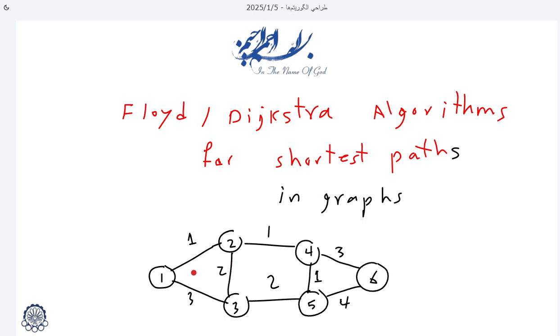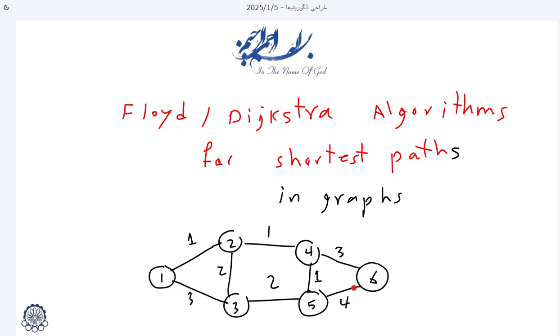its edges is minimum. For example, in this sample, we can go from node 1 to node 6 in this way, from node 1 to node 3, then to node 5, then to node 6.